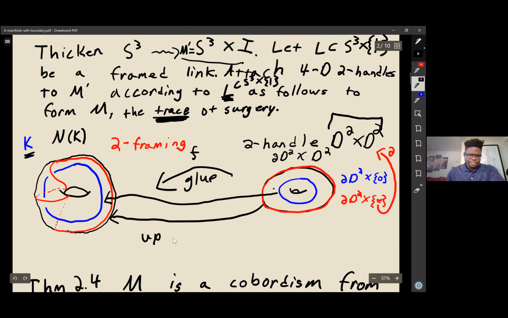And up to isotopy, there's a unique way to do this. And it's by doing Dehn twists of the solid torus to get the correct framing.